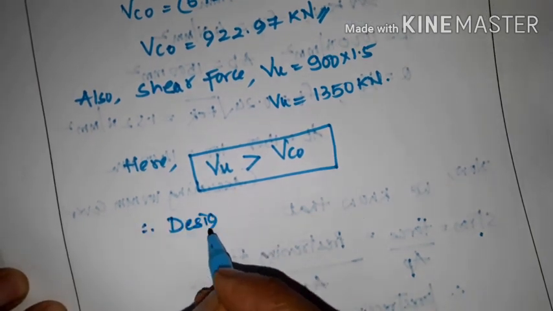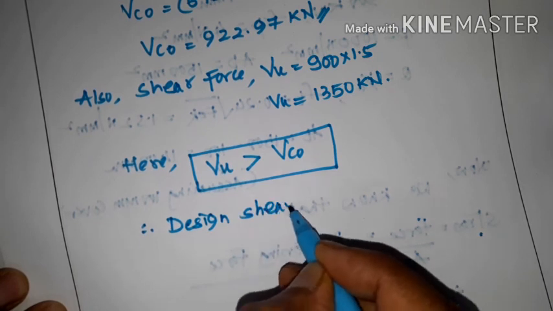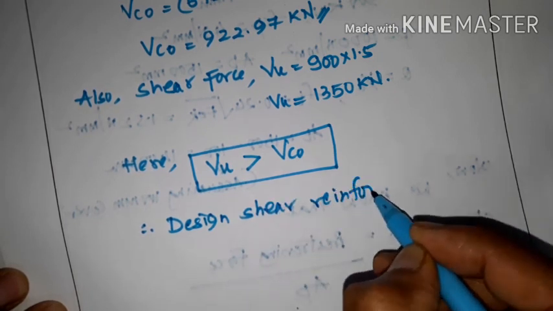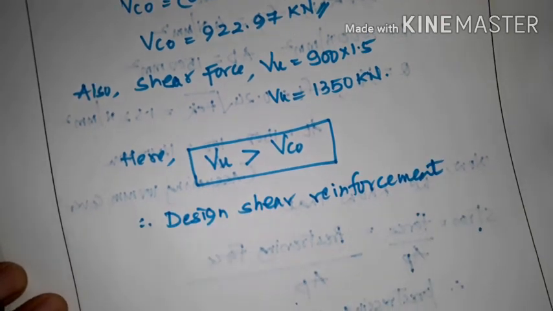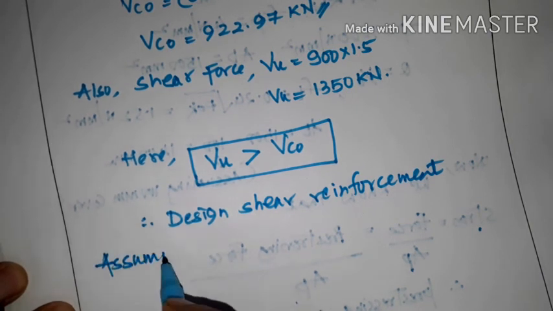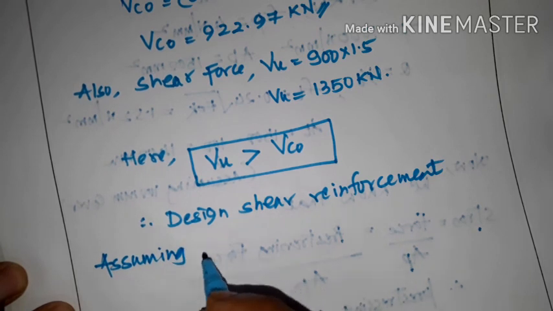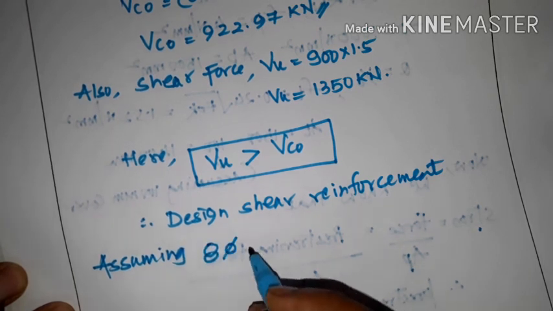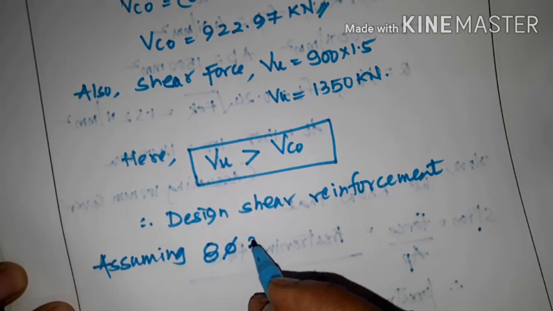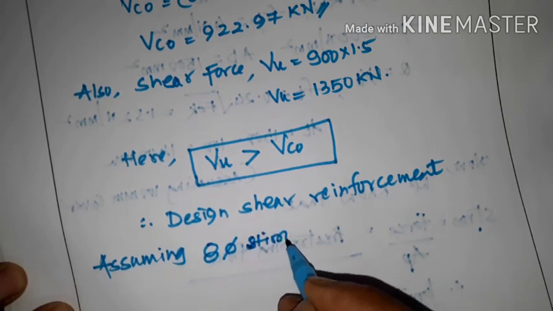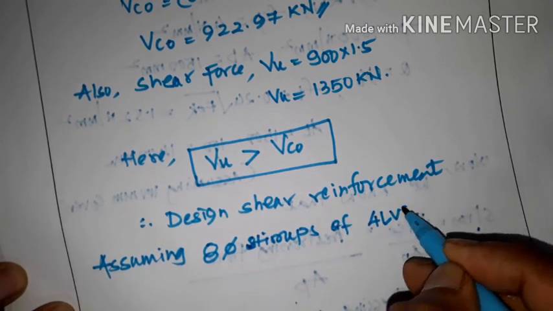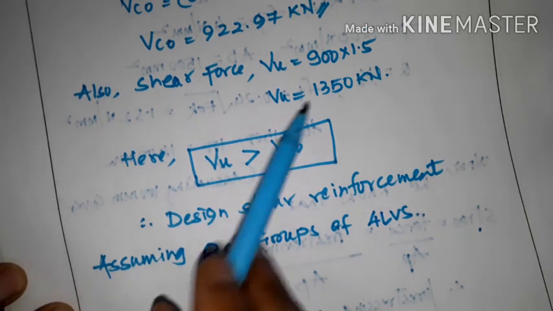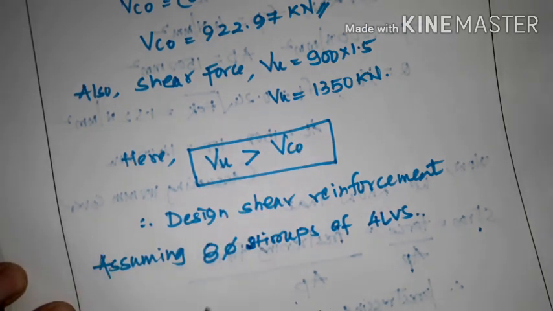Therefore, design shear reinforcement. Assuming 8 mm diameter 4-legged stirrups, because the shear force is very high.